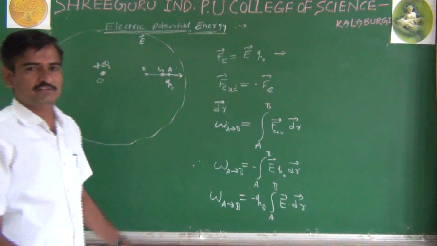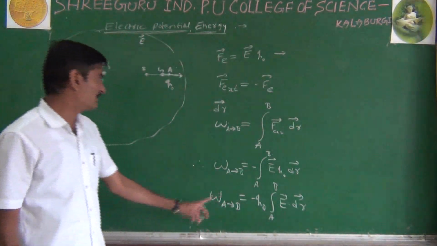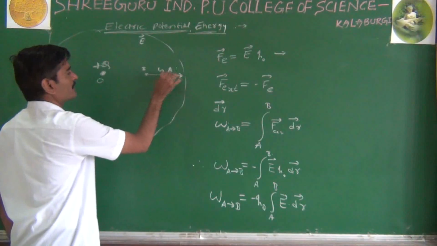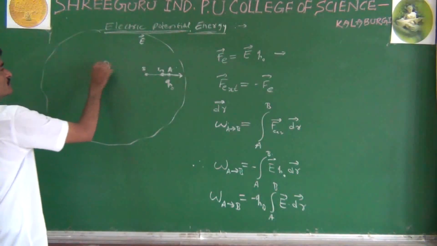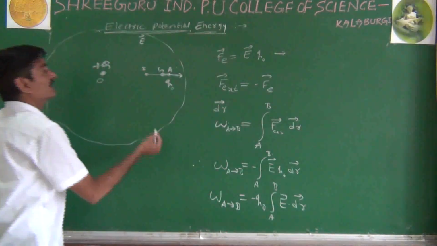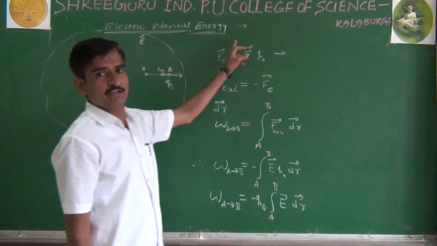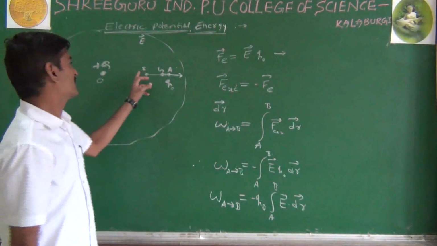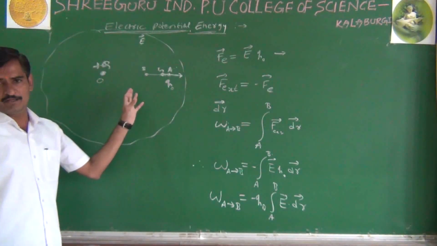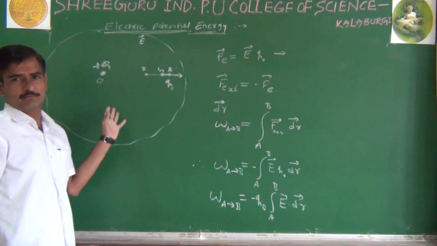Listen to the sentence correctly. This is nothing but the work done in moving the test charge from A to B in the electric field of the source charge plus Q. So this work done is stored as the electric potential energy in the test charge, that is, the electric potential energy difference between the points A and B.